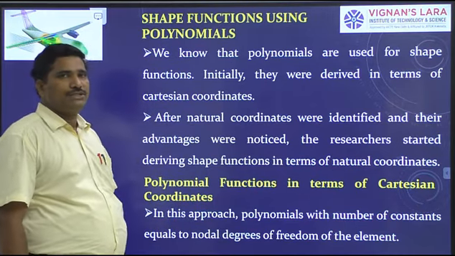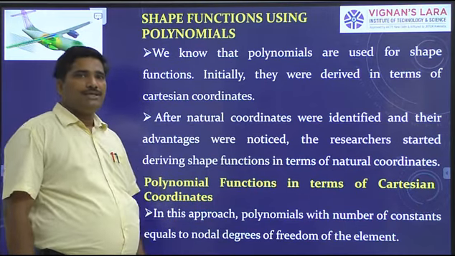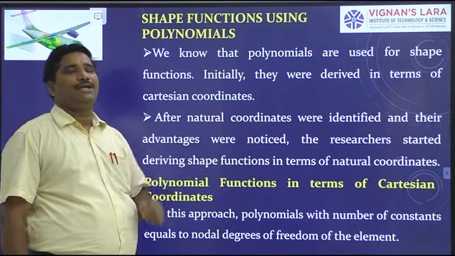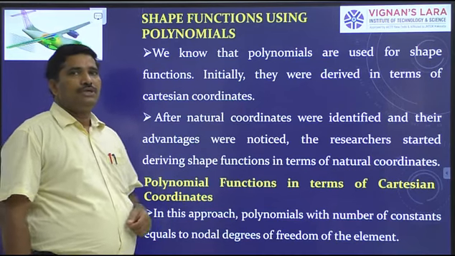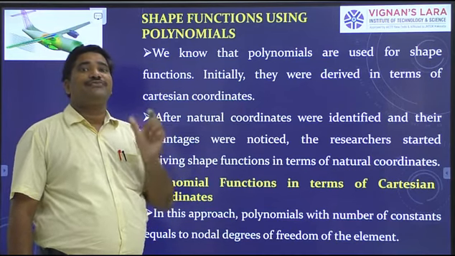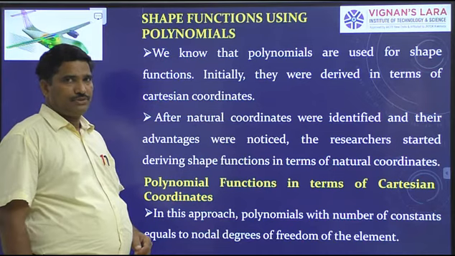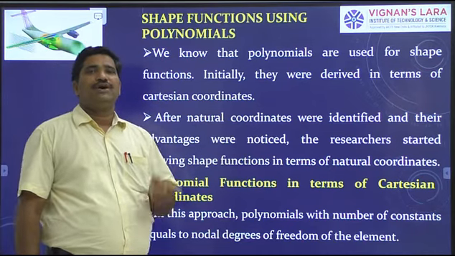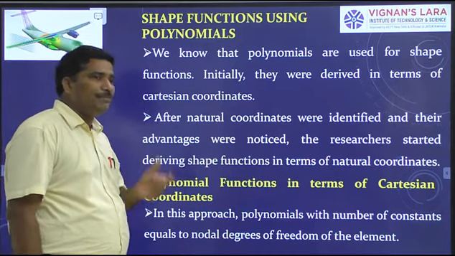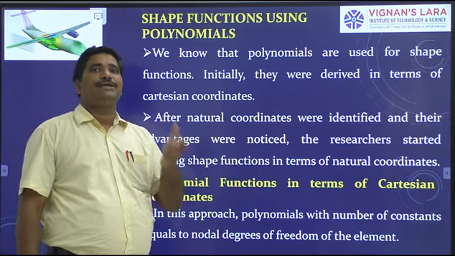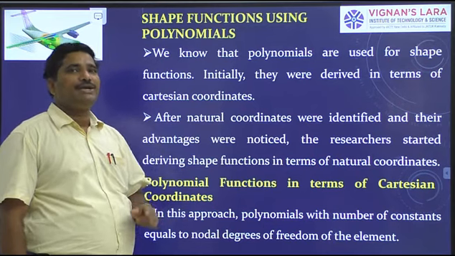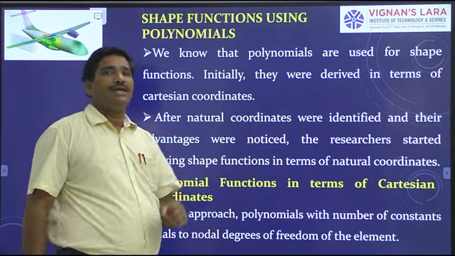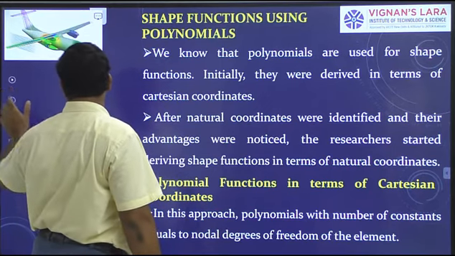In this approach, when we write a polynomial for shape function, the number of constants appearing in the polynomial must be equal to the number of degrees of freedom of the element.